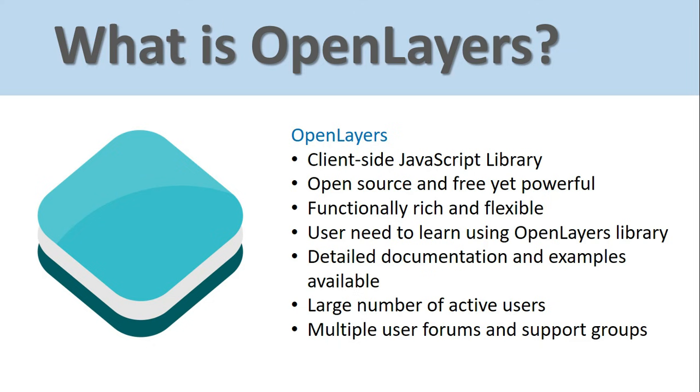When we use OpenLayers, it is important to have knowledge on how to use this library. And the benefits of using the OpenLayers library greatly outweigh the cost of learning OpenLayers. You get to use rich functionality and a highly tested code base.